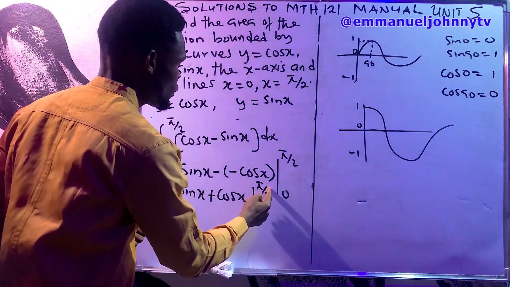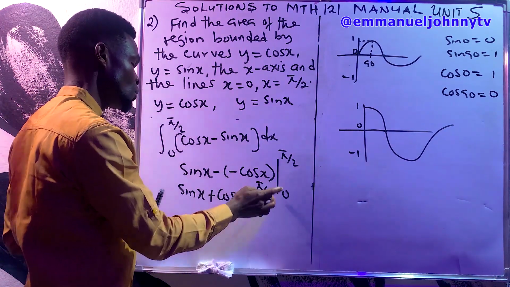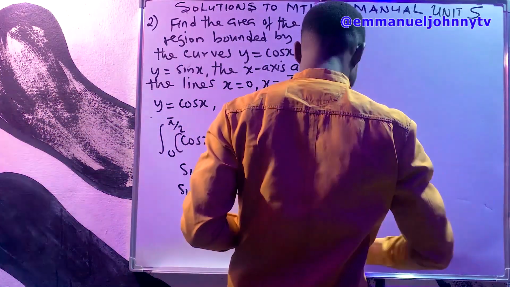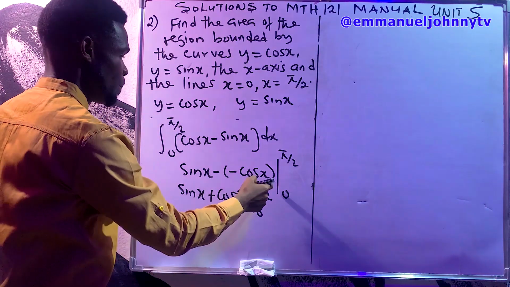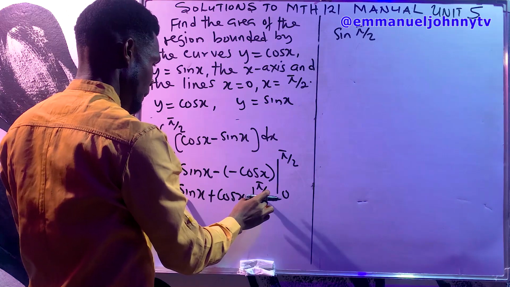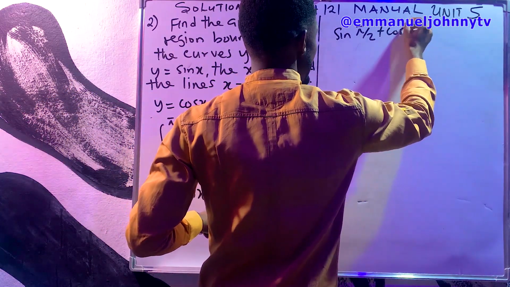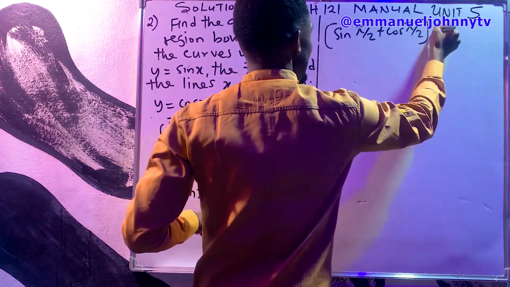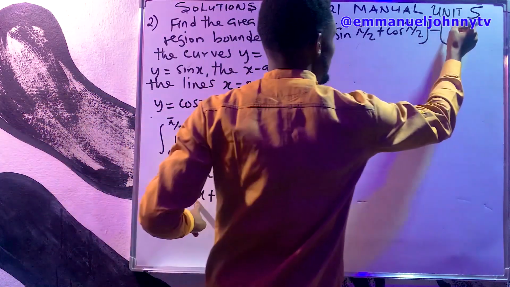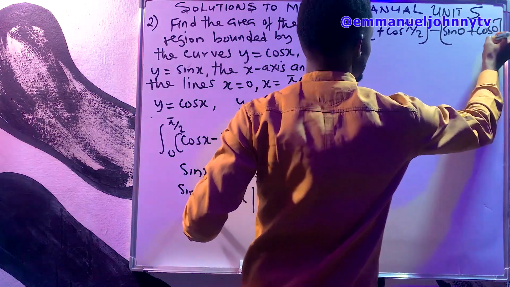So we are going to substitute the values, because pi is 180, divided by 2 is 90. So this is bigger, on top, and this is small. Now let's substitute the values into the upper limit. So that will be sine pi over 2 plus cos pi over 2, minus, that's how you substitute, then put the lower limit, which is sine 0 plus cos 0.